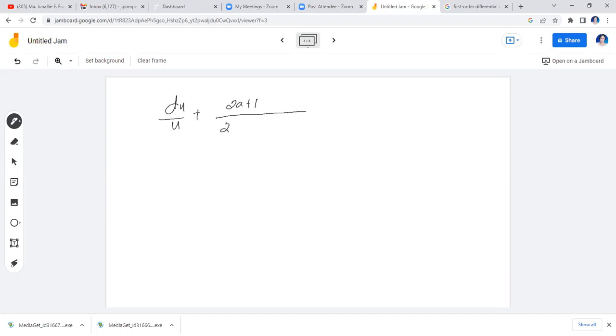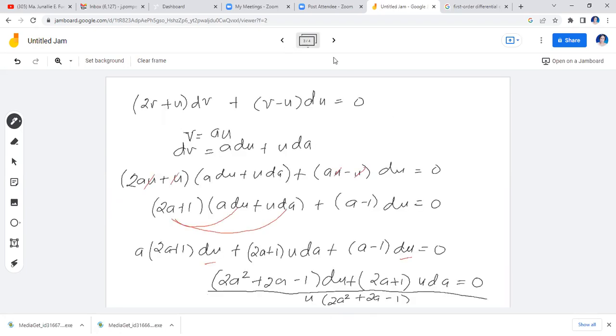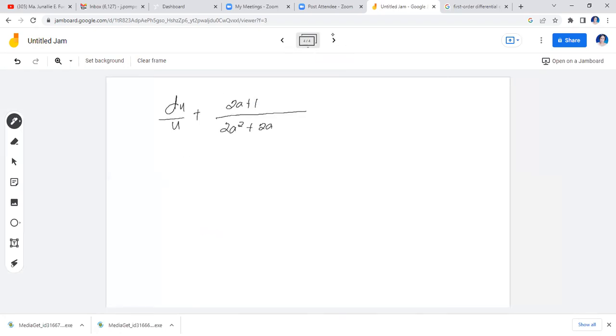And you have 2a squared plus 2a minus 1 dA. Let's see. The rest is now calculus. This is an ln of u.